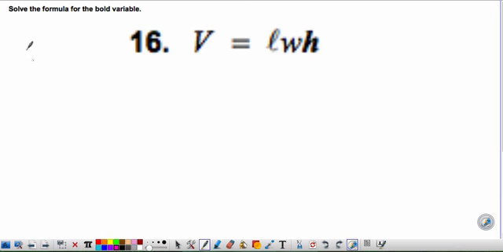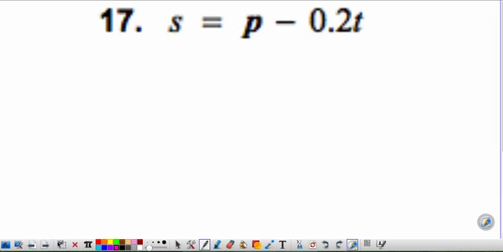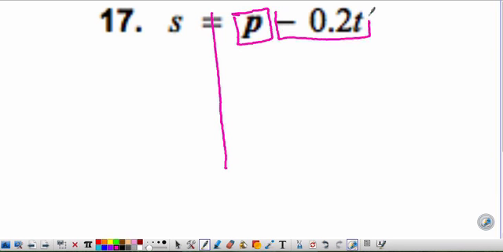Okay. Our new directions say solve the formula for the bold variable. So let's skip on to 17. It's kind of hard to tell what's bold up here, but it is P. Smart. So I know I'm getting P by itself, and I know I have to deal with this negative 2/10 T. So it's positive, so we're going to add 2/10 T to both sides.